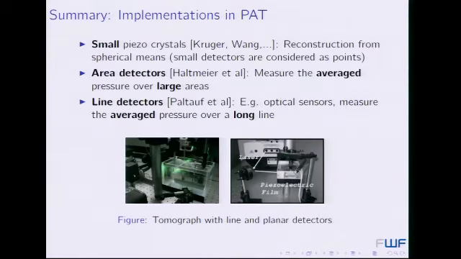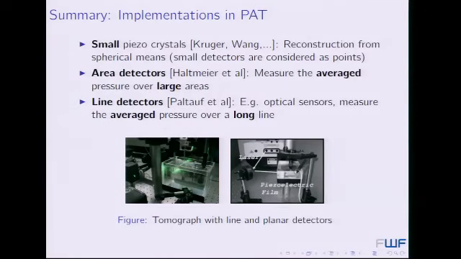Okay, so this is the mathematical model, and now I go into some of the things which you need to implement this imaging. First of all, you have to define which measurements you take. And the standard way, and I guess this is what most people do, is they use small piezo crystals like they're used in standard ultrasound for detecting the pressure waves.